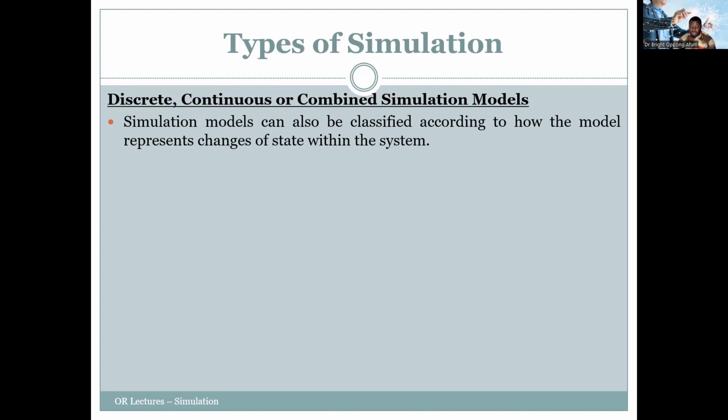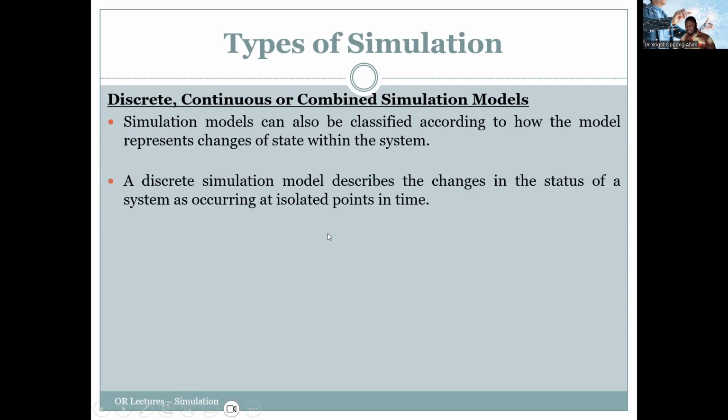State of change of a particular system. So if the change is occurring in isolation, let's say at a particular point, it changes with certainty, then we say that it's a discrete simulation model, right? So it describes the changes in the status of a system at an isolated point in time, right?